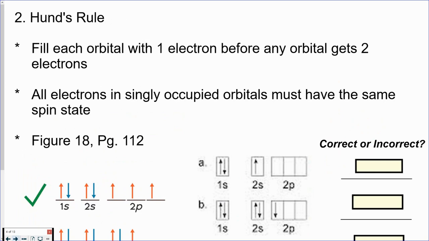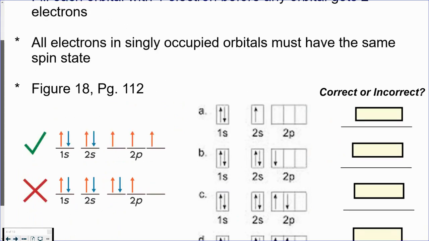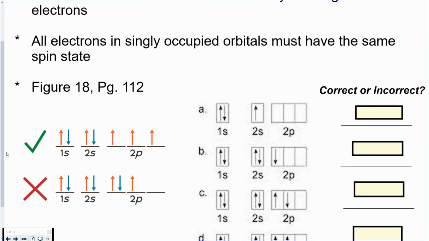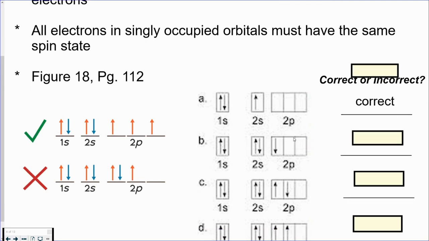Hund's rule told us that you can only half fill everything before you completely fill it. In other words, everybody's got to get one before anybody can have two. So, for example, A would be correct because 2s is a new orbital, and it's got one before it gets two.